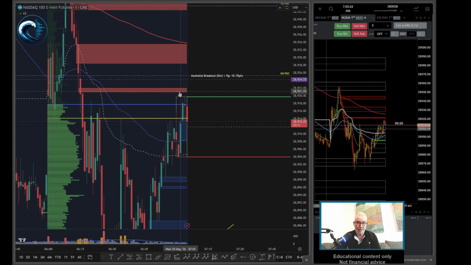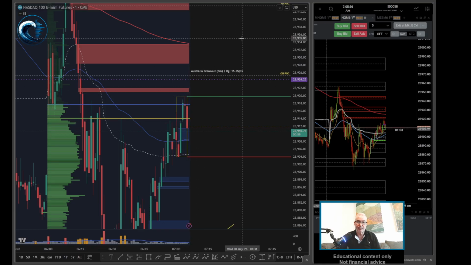But it hasn't broken out anyway, so it doesn't matter. When I say breakout, I'd want to see a candle close, not a wick, but a candle close outside, and I might consider taking a trade out of it, but very low.